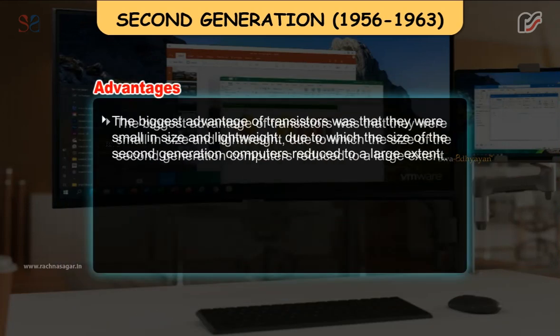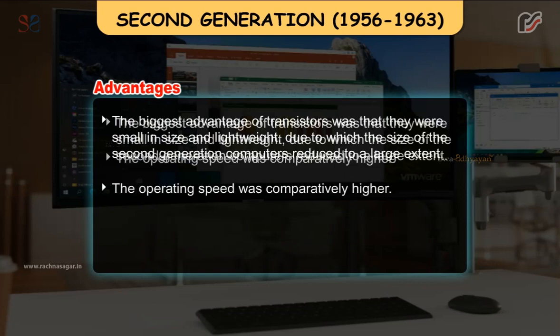Advantages. The biggest advantage of transistors was that they were small in size and lightweight, due to which the size of the second generation computers reduced to a large extent. The operating speed was comparatively higher.